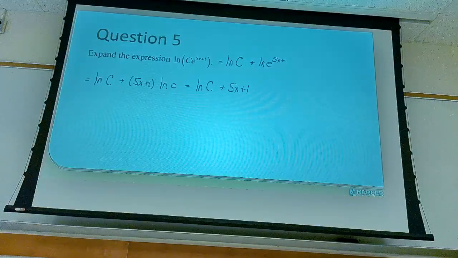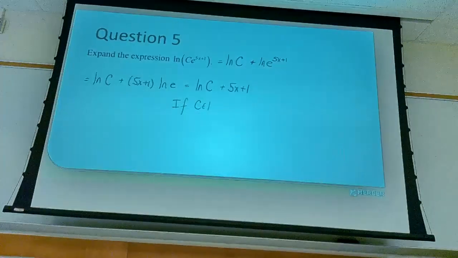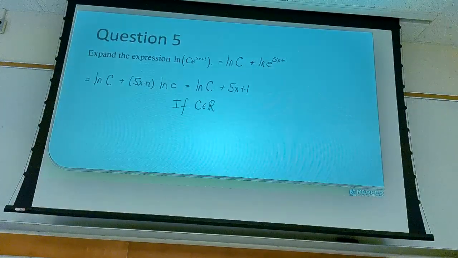I'll just reintroduce that common convention in math. If we continue to assume that that capital C is just a real number, which generally in math, a capital C is a scalar, then we could actually simplify this even further. It would be log e of the number.